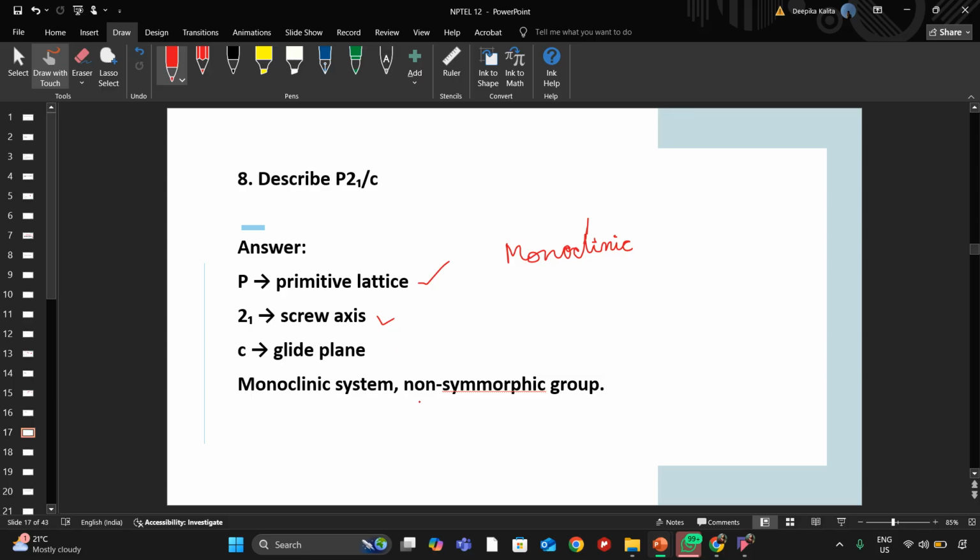And it is a non-symmorphic group. This is how you can describe a P21/c point group.